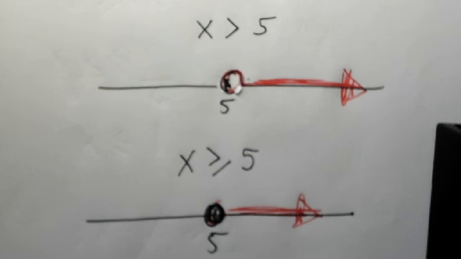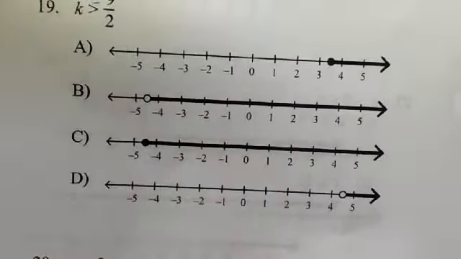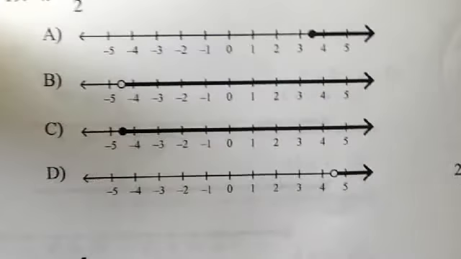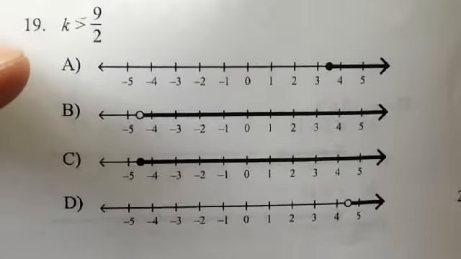On number 19. Okay, let's look at number 19. What is 9 divided by 2? It's about 4.5, right? Okay. Now, 4.5 and it's greater than. Is that dot open or is it filled in? It's open. So what are your two possibilities?